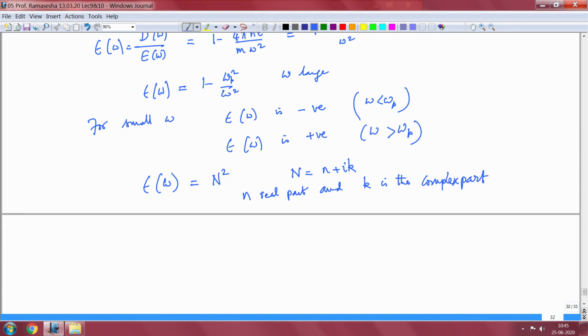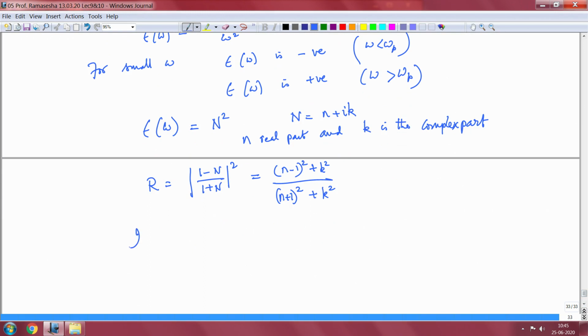Given N, what one knows is that the reflectivity is given by 1 minus N by 1 plus N squared. So this turns out to be, you can just substitute for N and then you will find out that this is equal to n minus 1 squared plus k squared divided by n plus 1 squared plus k squared.